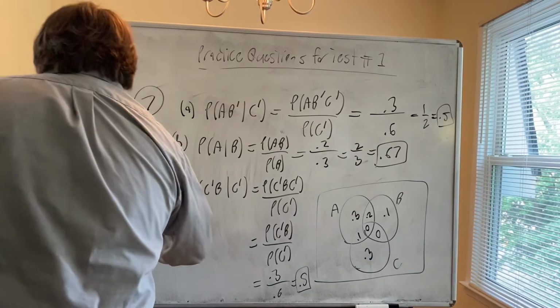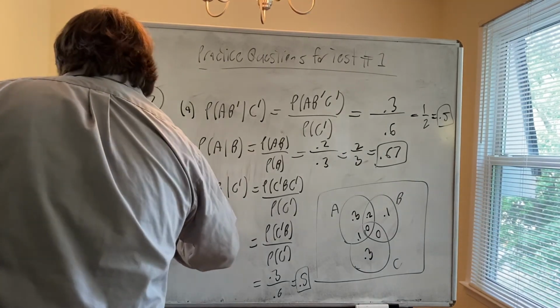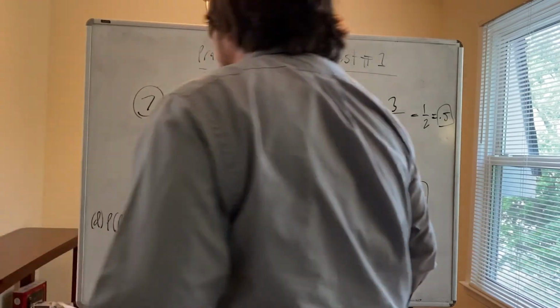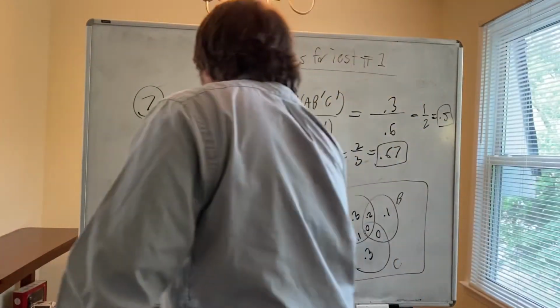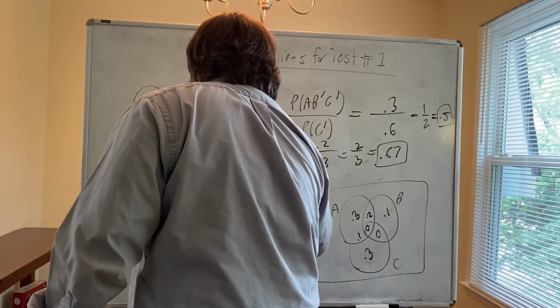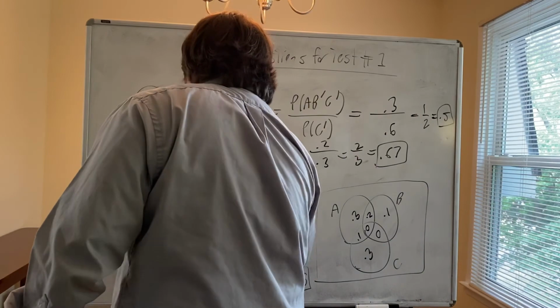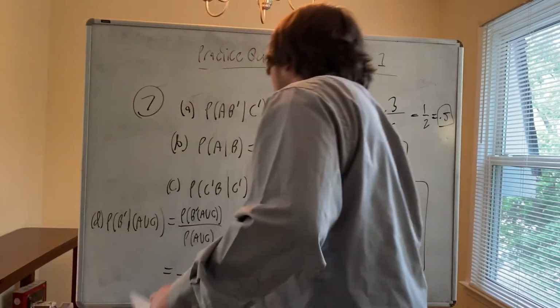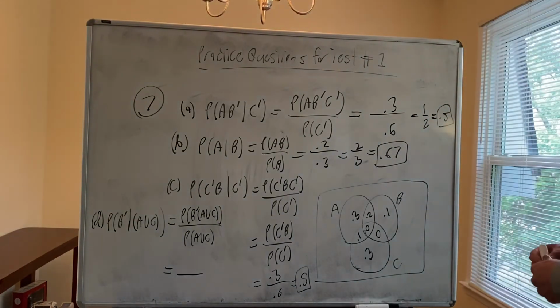And then D, the last part. Part D is the probability of B prime given A or C. So this is the probability of B prime and A or C divided by the probability of A or C. What's the probability of not in B and in A or C?